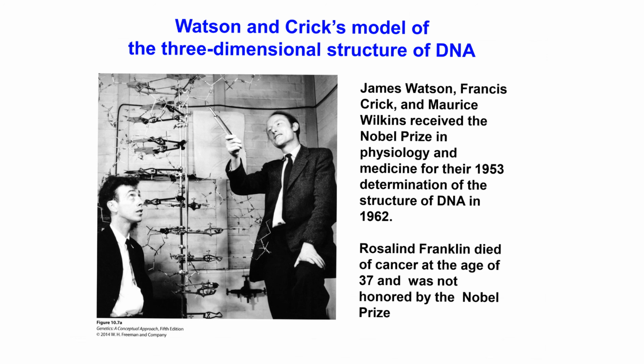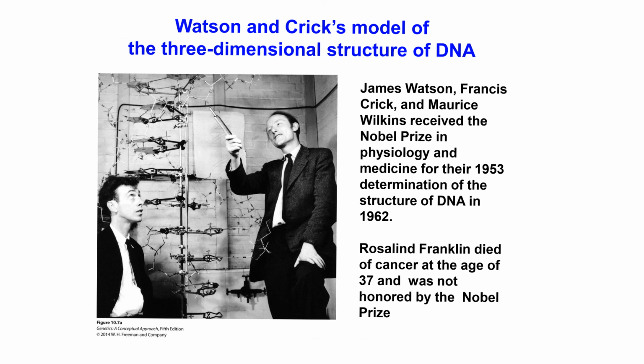Imagine if we did not know the structure of DNA, we would not be able to develop many genetic studies. We would not be able to define DNA replication. We would not be able to define transcription, gene expression, and so on and so on. So in 1962, James Watson, Francis Crick, and Maurice Wilkins, who did X-ray diffraction studies, were awarded the Nobel Prize for Physiology and Medicine for the discovery of DNA structure.